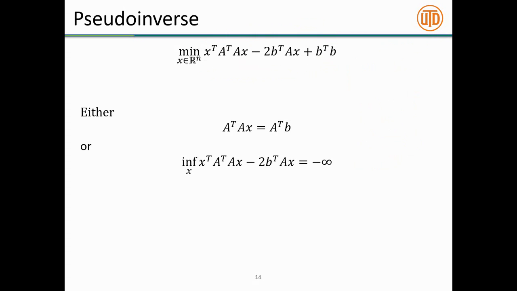Multiplying that out, we get x transpose A transpose A x minus 2 b transpose A x plus b transpose b. And as I just said, either A transpose A x equals A transpose b has a solution, or the norm has to be equal to negative infinity. But we can rule out the second case because the optimization problem is bounded from below.